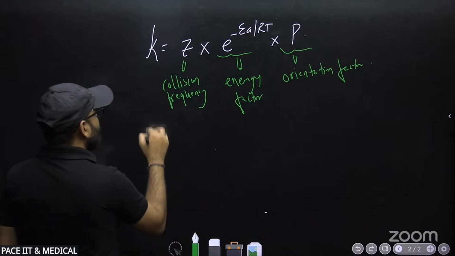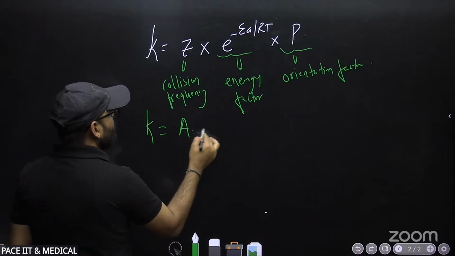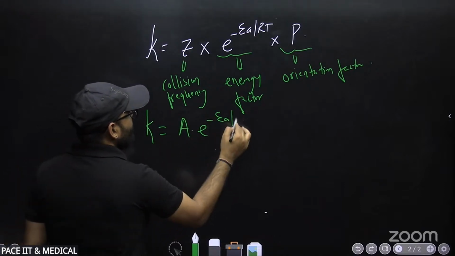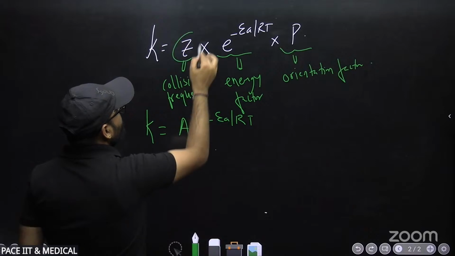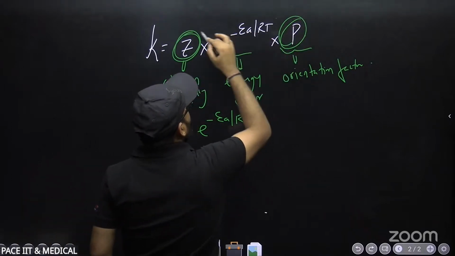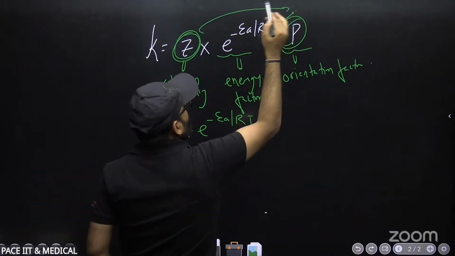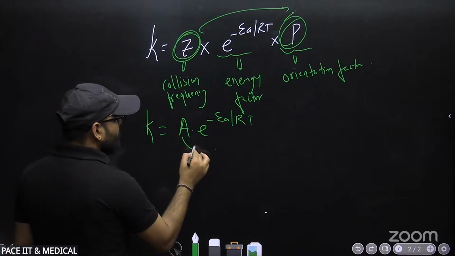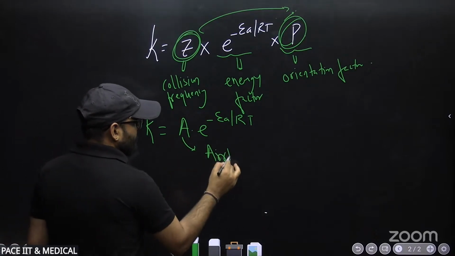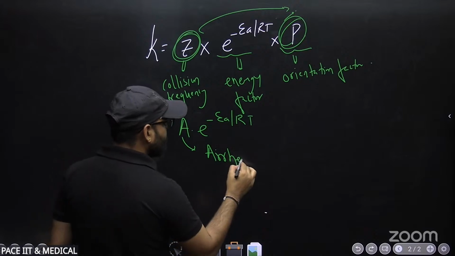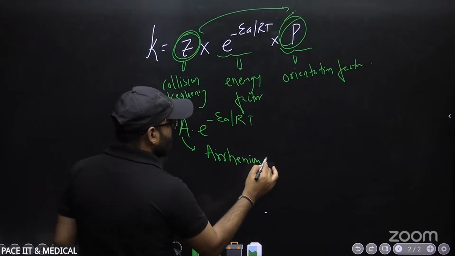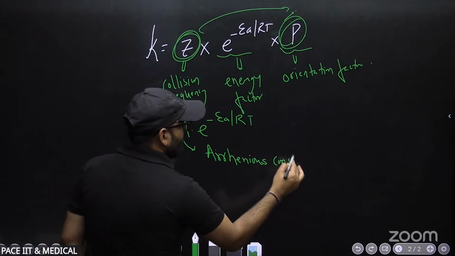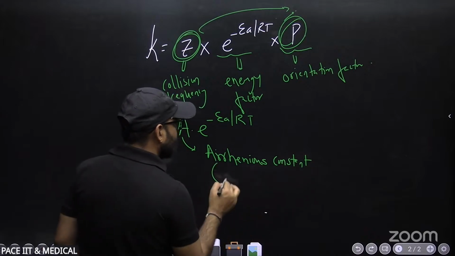And K is taken as A into e raised to power minus EA by RT. This constant value is combined and taken as A. Any guess for A's name? A is for Arrhenius constant. This is given by Arrhenius, so Arrhenius constant, also known as frequency factor.